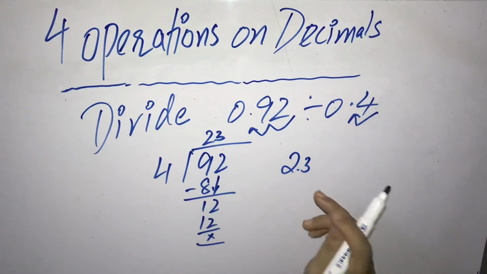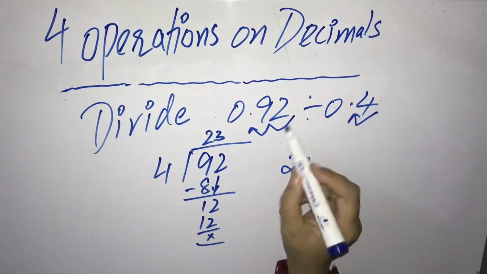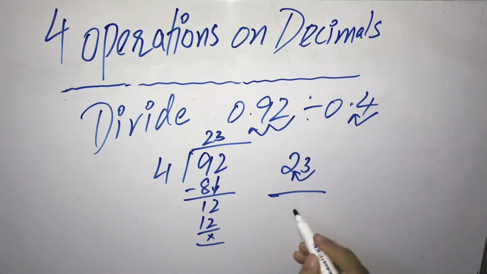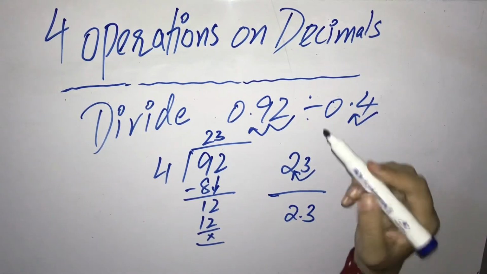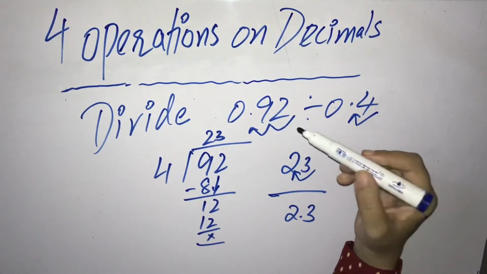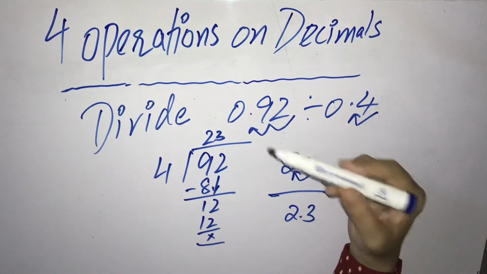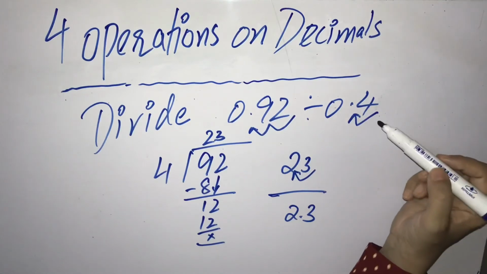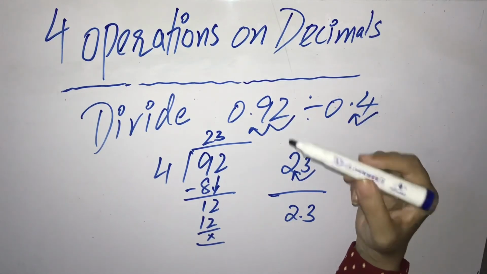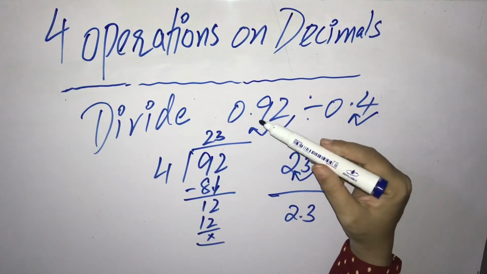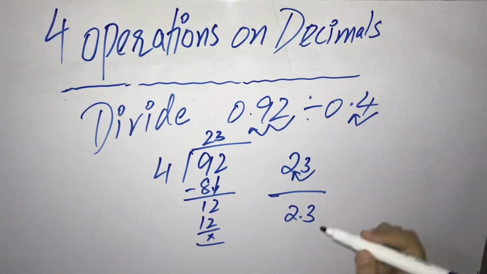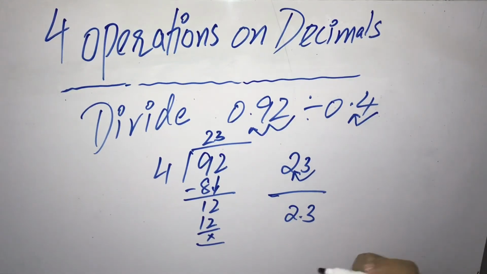So I shall give the answer as 2 minus 1, and it will be 2.3. That is, instead of adding, I subtract the decimal places of the denominator's number from the numerator's number, and I write the final answer after subtracting 2 minus 1. This is 1 decimal, so 23 will become 2.3.